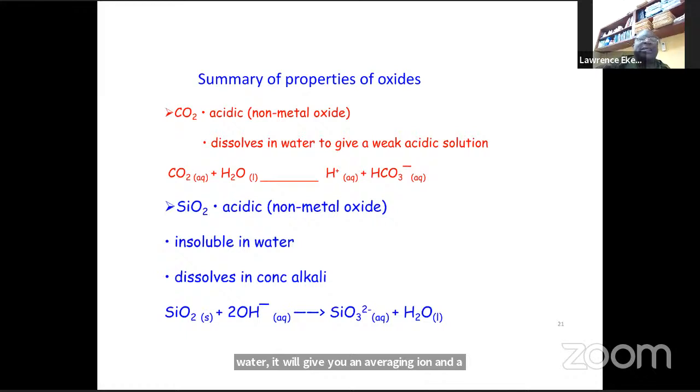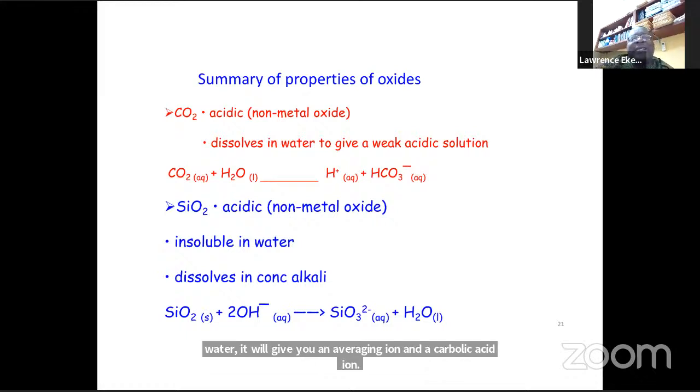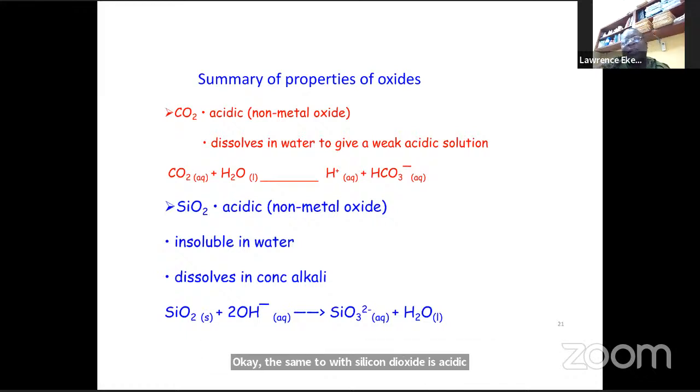The same thing with silicon dioxide. Silicon dioxide is acidic in nature and it's a non-metal oxide like CO2. The difference here is that carbon dioxide can dissolve in water, but silicon dioxide is insoluble in water.